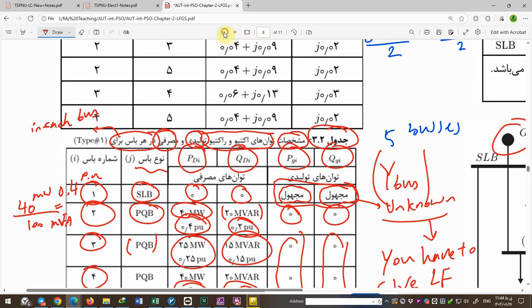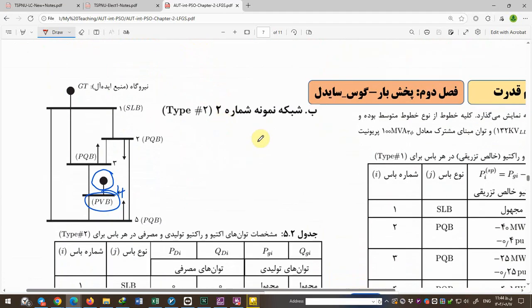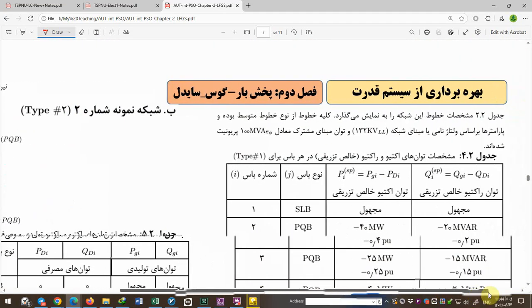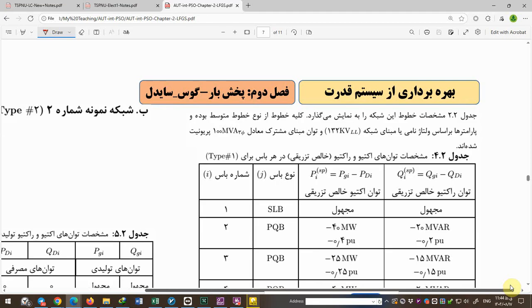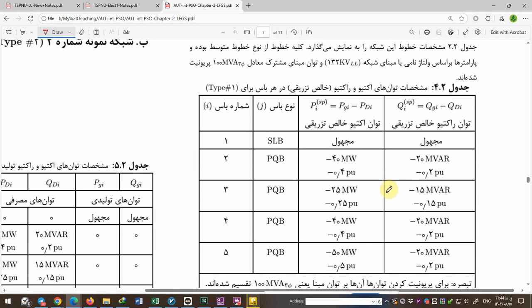Okay, another important piece of information is finding the pure injected power.